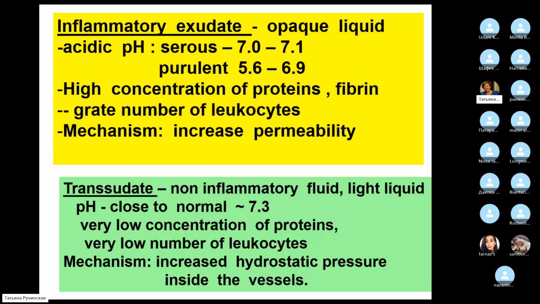That is why in the lower extremities you find edema. This is due to transudate, which appears if there is increased hydrostatic pressure in the vessels, and further it makes this fluid come out from the vessels into interstitial space.